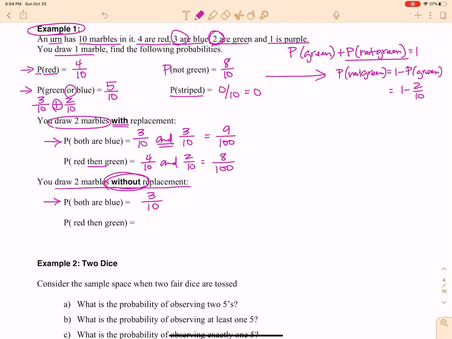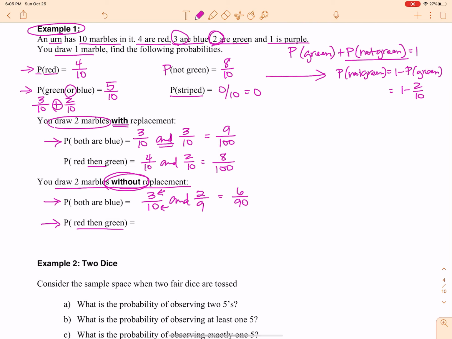So now I'm 1 less blue marble and 1 less total marbles. So don't say anything about me losing my marbles. I know that's what you're thinking. So the first one is blue, and keeping it out, the second one is also blue. 2 out of 9. 1 less blue, 1 less total. So now my probability is 6 out of 90.